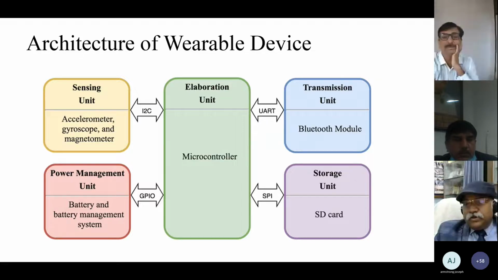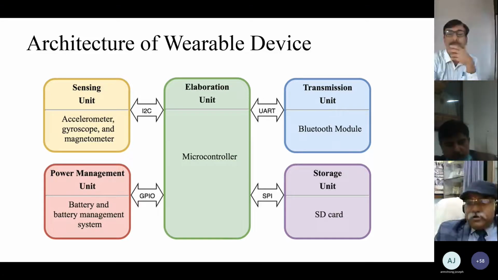Then this sensing unit passes the processed or raw information to some kind of processor, which can be called an elaboration unit. The processor need not be a microcontroller, it can be an Arduino, because while experimenting you have to use components which are available to you. It may be a laptop or a computer. If you are building your own software or app to collect information from the sensors, you need not go for a microcontroller.